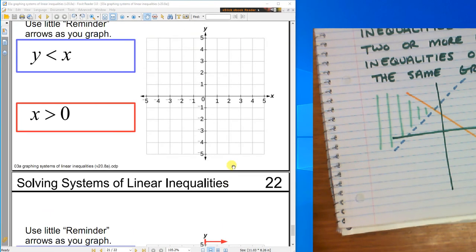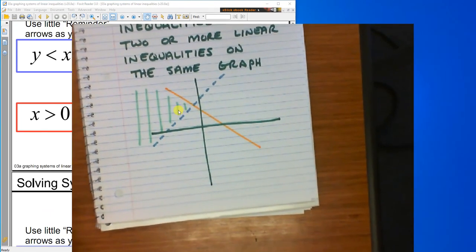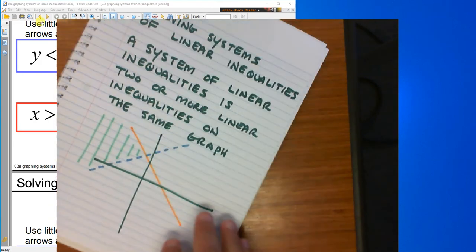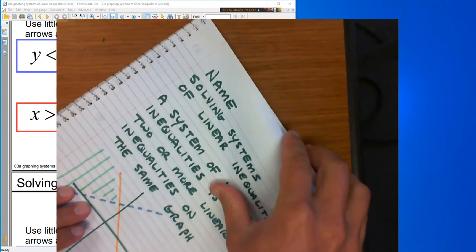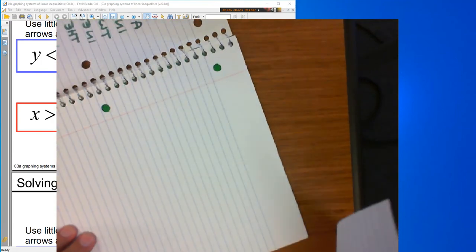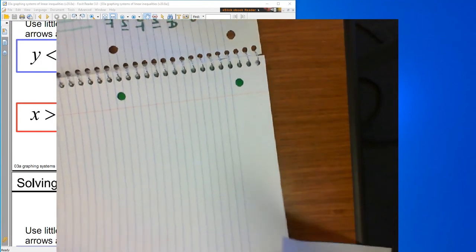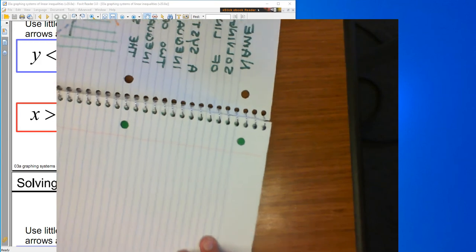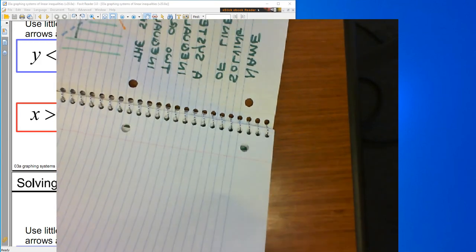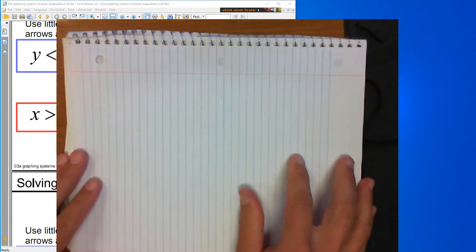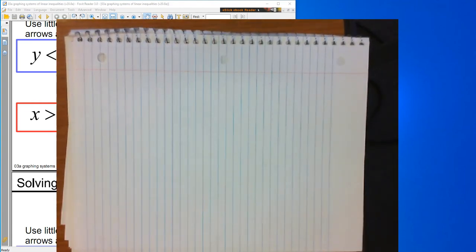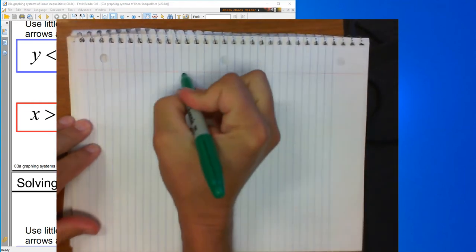All right, so let's do a quick flow map. So how should we do these? We'll call this graphing linear inequalities.